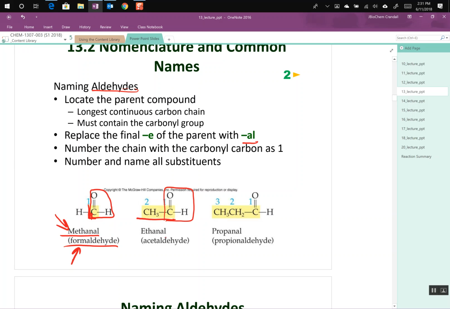So this is ethanal, acetaldehyde. Acetaldehyde is for 2 carbons. So we have formaldehyde, acetaldehyde, methanal, ethanal. 3 carbons, propanal, propionaldehyde. That one's not as common. I would focus mostly on those first 2, formaldehyde and acetaldehyde. You'll probably see those ones again.